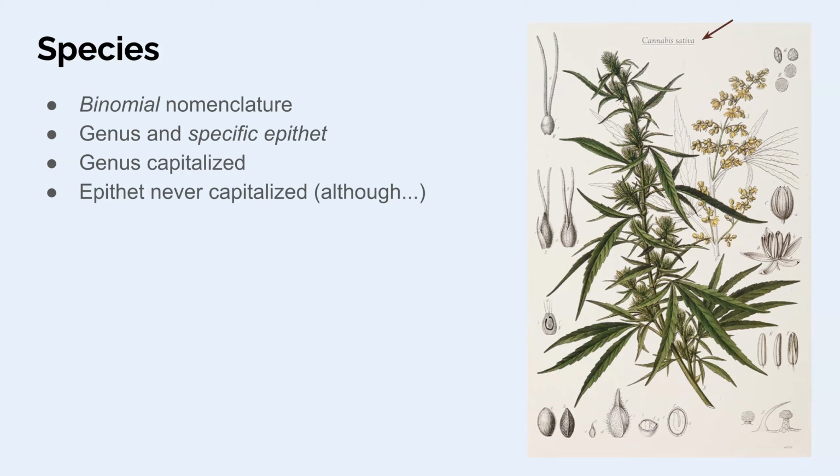If the specific epithet is named for a person or a place, in older literature, you'll often see that capitalized. So something that is called canadensis means it's from Canada, and Canada is a proper noun, so sometimes that gets capitalized. The modern usage for that is not to capitalize those, and I think you'll see that pretty commonly. Is just not any capitalization on the second word of the binomial.